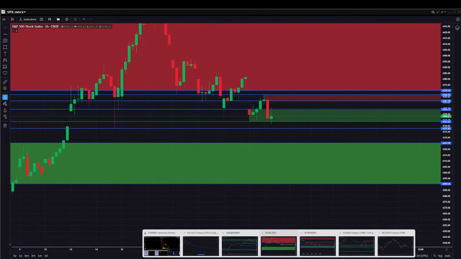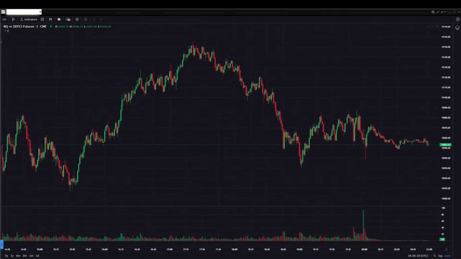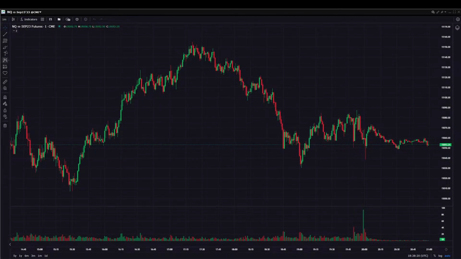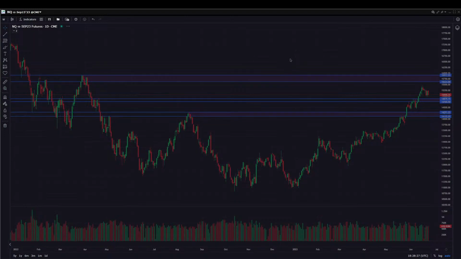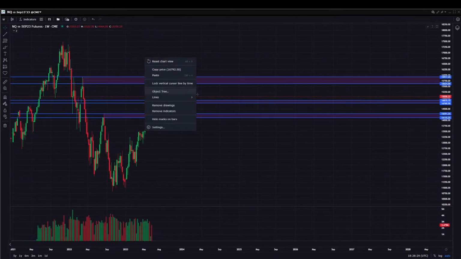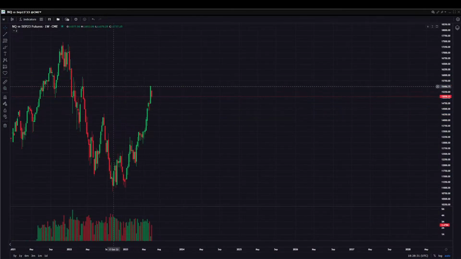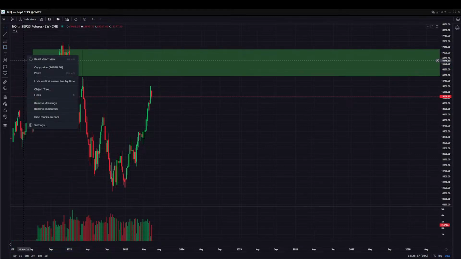So the next ticker I go to is NQ. Check the weekly on these guys. NQ was the only one that got to its next weekly level.